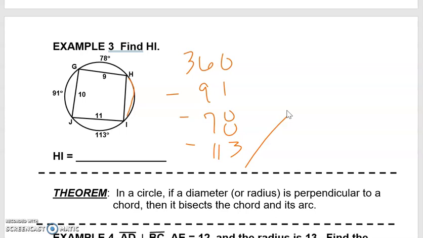And if you subtract all of those, you will get 78 degrees. So this is 78. Notice, is there another arc length that's 78 degrees? Yes, there is. So the chords are going to be the same length. So this is 9 units. This will also be 9 units.